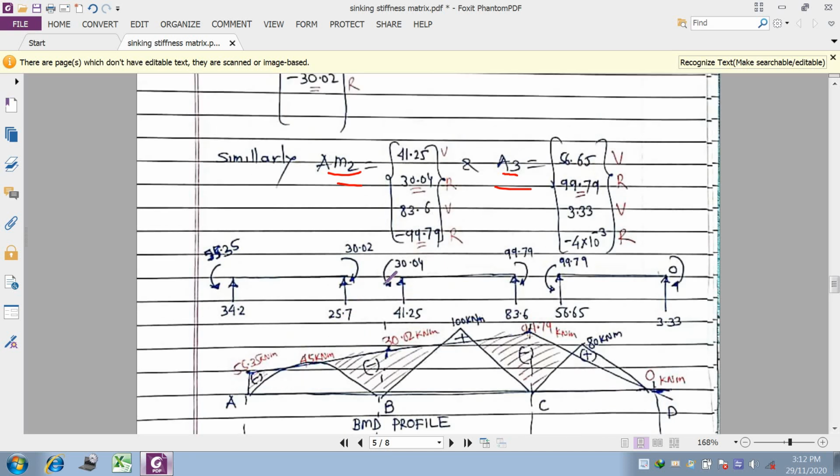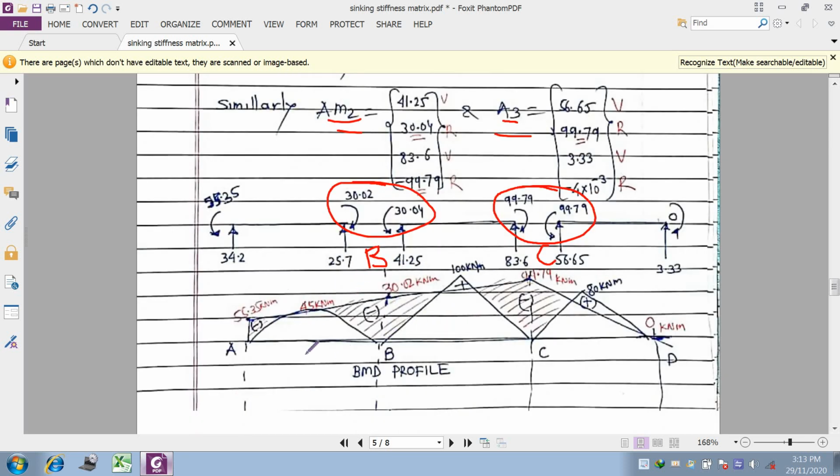Okay, and one more cross check is that at each intermediate joint your moment must be equal to 0. So here I got the intermediate moment as 30.02 at joint B, as clockwise and anti-clockwise will become 0. Similarly 99.79 and 99.79 will be at C. So based on that we can plot the diagram like this.